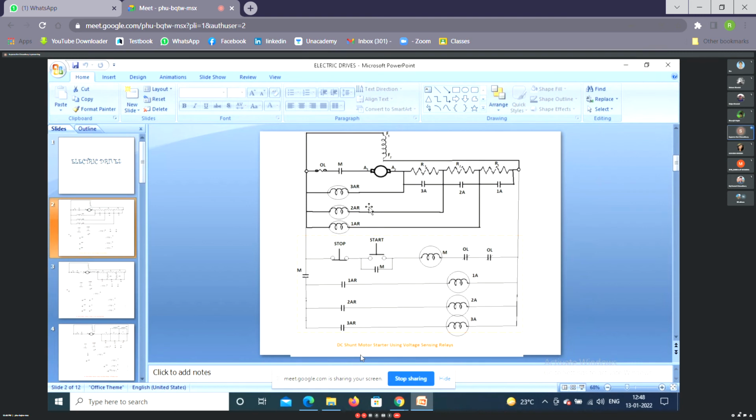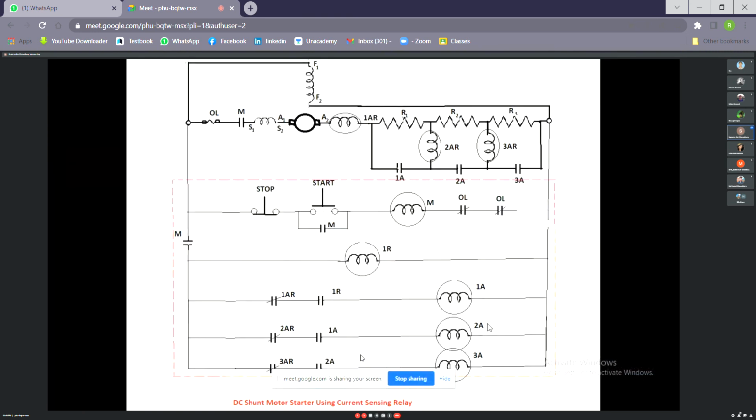Now here the circuit I have defined with voltage sensing relay. The same circuit we can have with current sensing relays. That is the same shunt motor circuit.